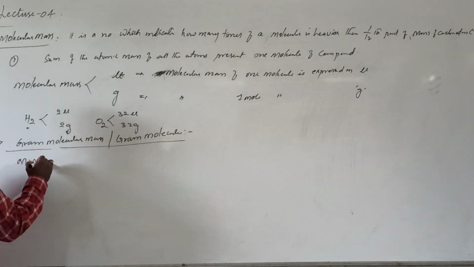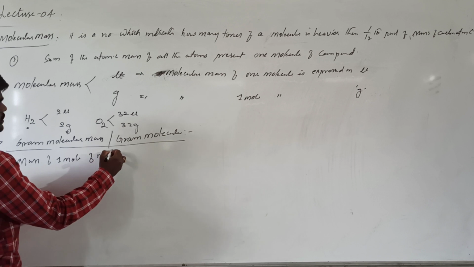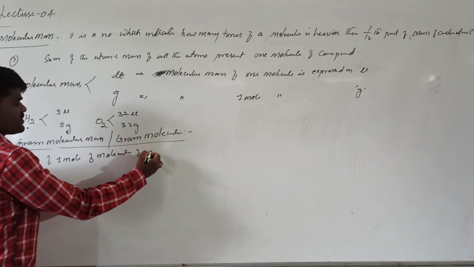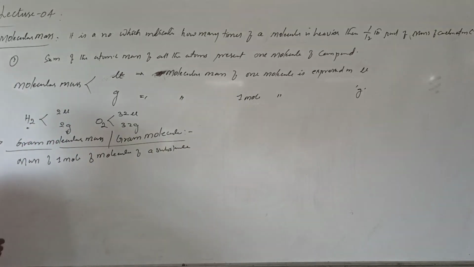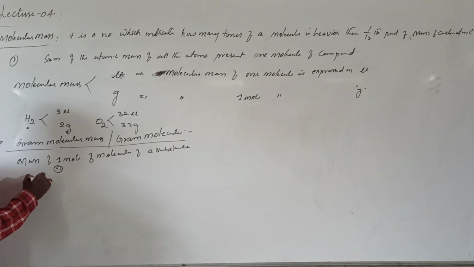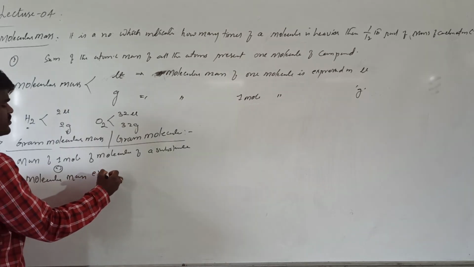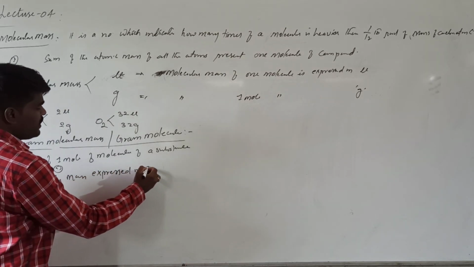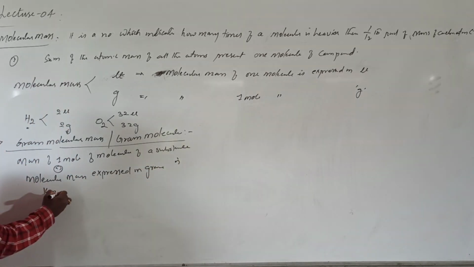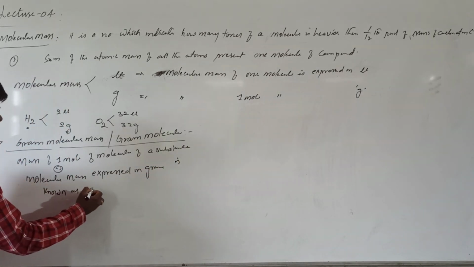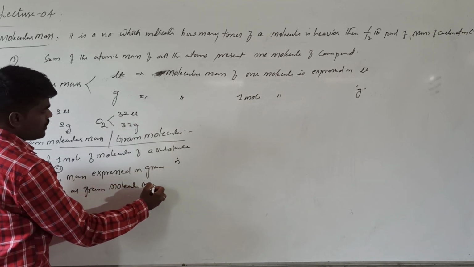The mass of 1 mole of molecules of a substance, or molecular mass expressed in grams, is known as gram molecular mass or gram molar mass.